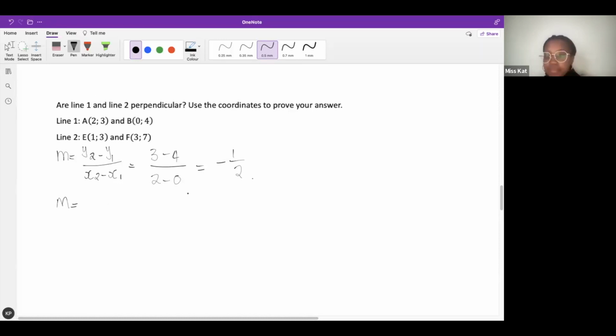Let's go for it. M equals y_e minus y_f, minus 1 f over x_e minus x_f.